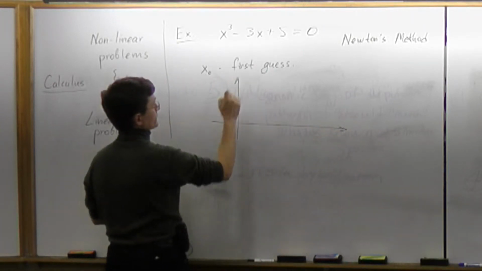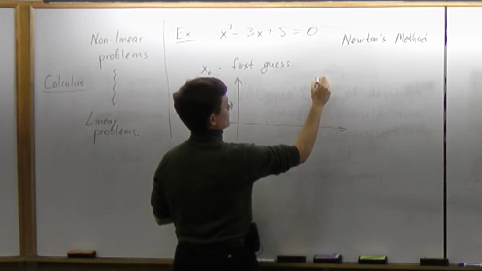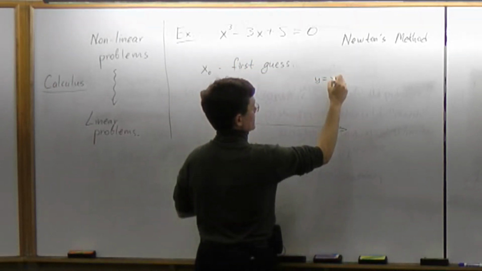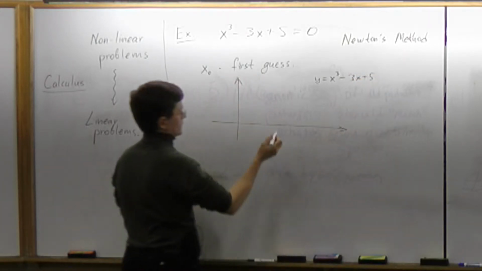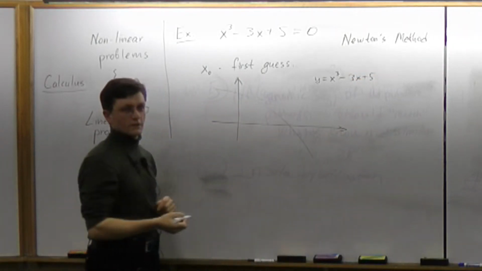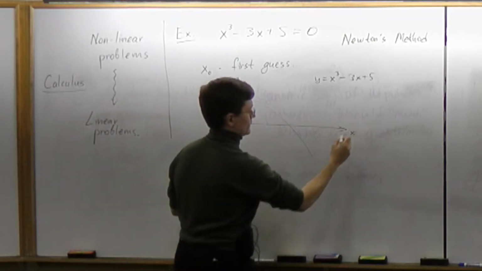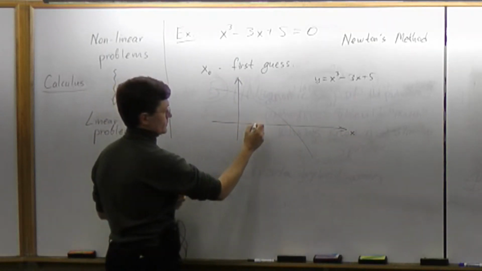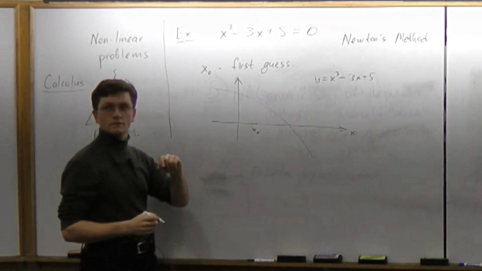the graph of this function. So the function is going to be y equals the left-hand side, x cubed minus 3x plus 5. Well, suppose that is the graph of it, or at least a part of it. You're looking for that value on the x-axis, and suppose your guess was not correct, and you found some x0.